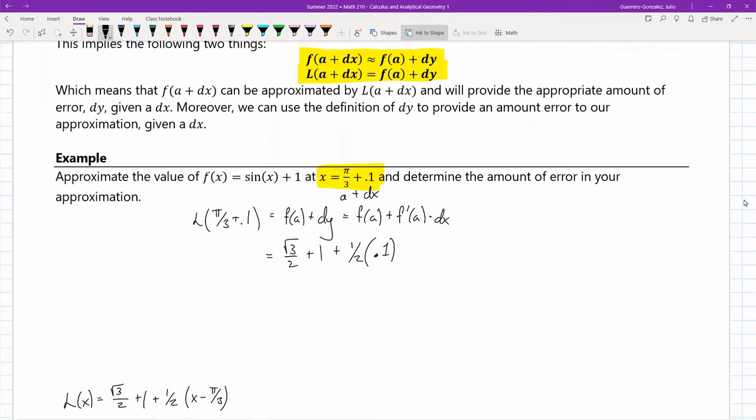And if you compute this outright, you should get 1.9160. So our linear approximation, our L of x, right, should be off of our actual value by this much about. So it's off by 2, right?